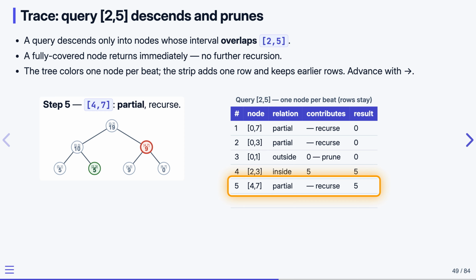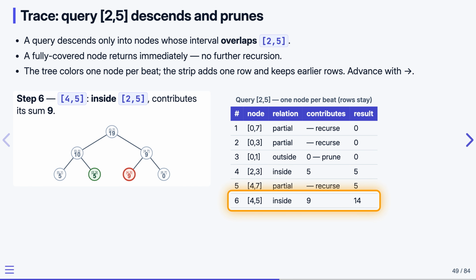The node 4 to 7 partly overlaps 2 to 5, so it is partial. We go into its children. Its left child covers 4 to 5. That is fully inside 2 to 5, so it hands back its sum, which is 9. Our running result is now 5 plus 9, 14.